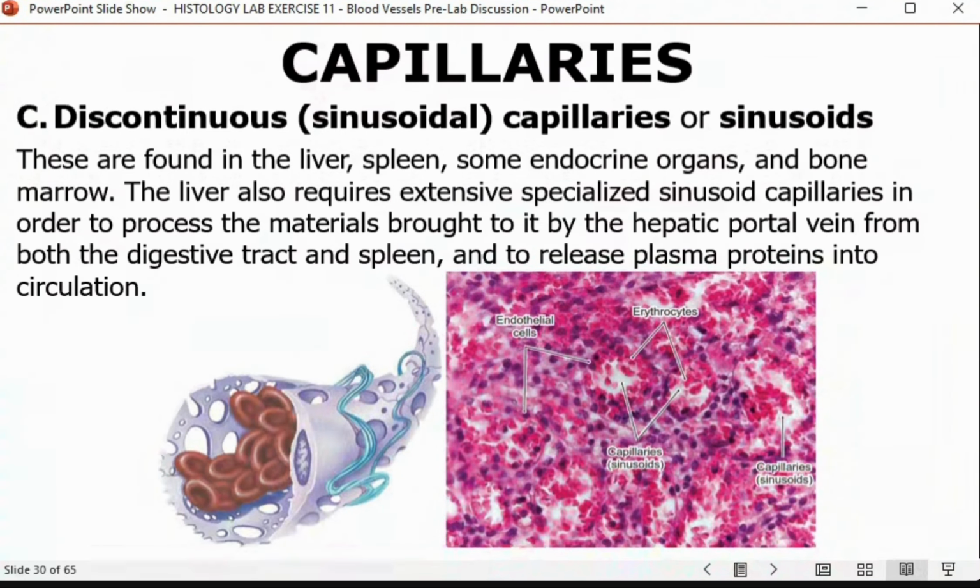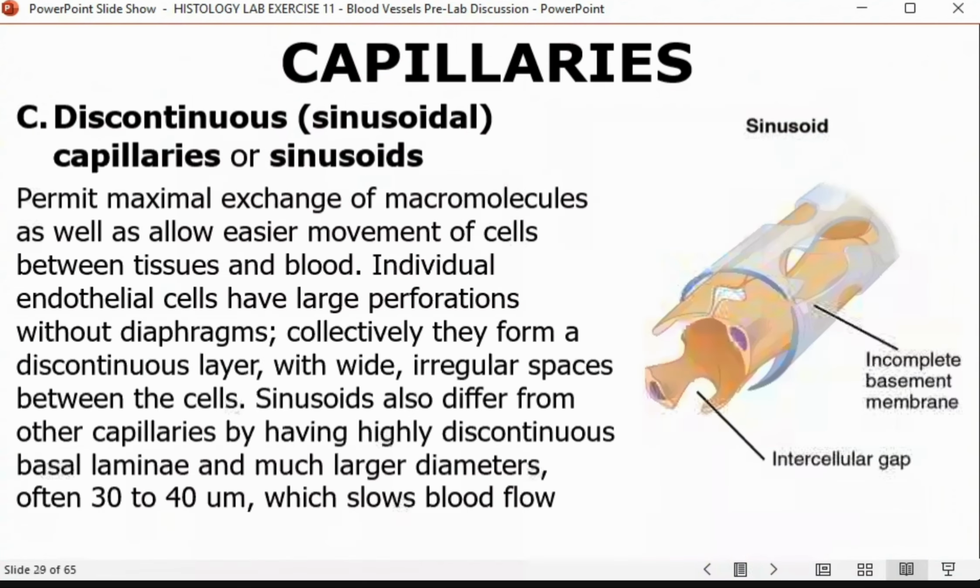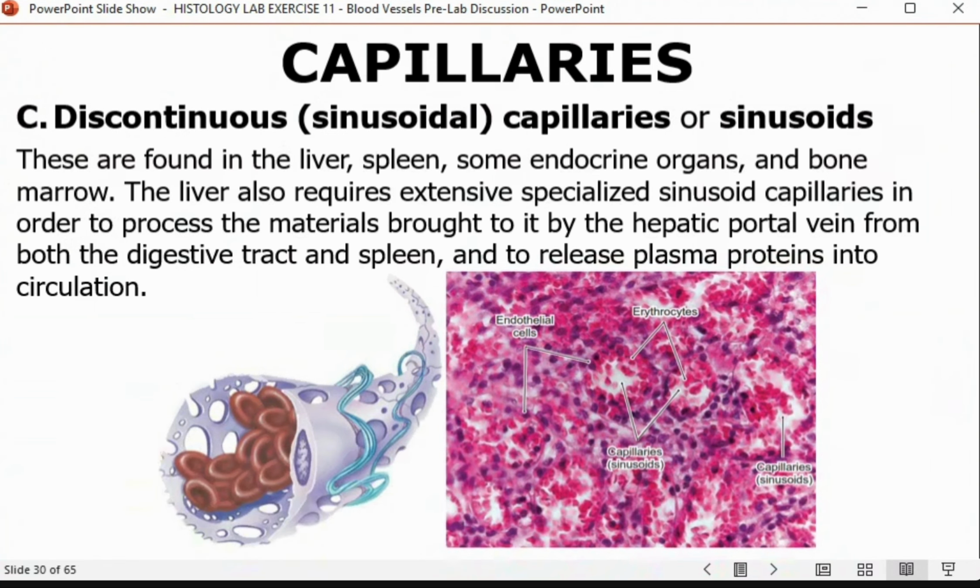Now, why would we want this type? Your blood cells, for example, we don't want them going out of the blood vessel, like we've mentioned before, unless we want to. Now, when would we want our red blood cells to exit the blood vessel? If, for example, we require them to be filtered, refurbished, recycled, or sequestrated, or even for the entry of new blood cells.